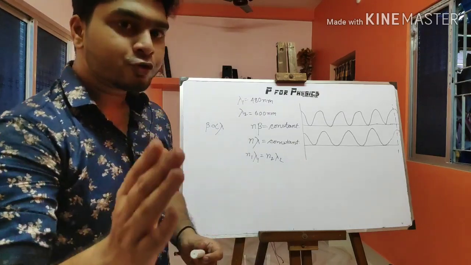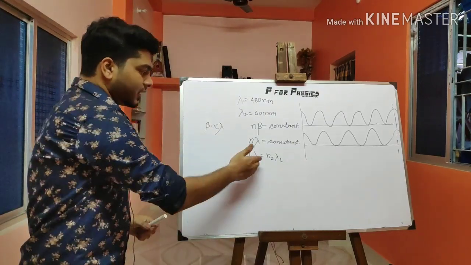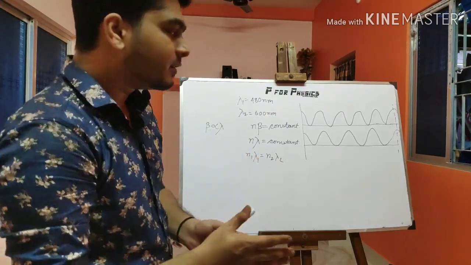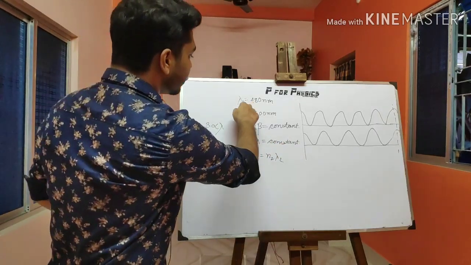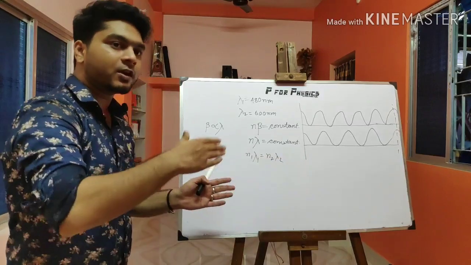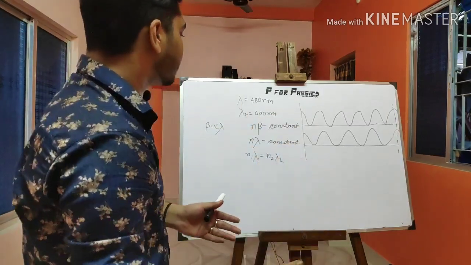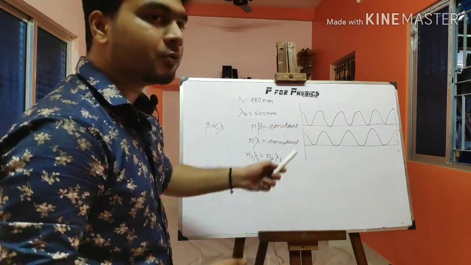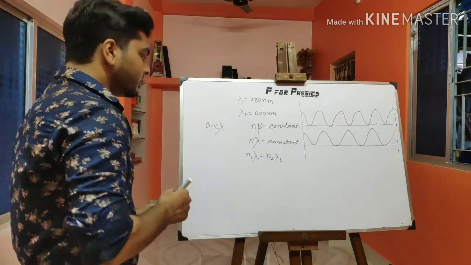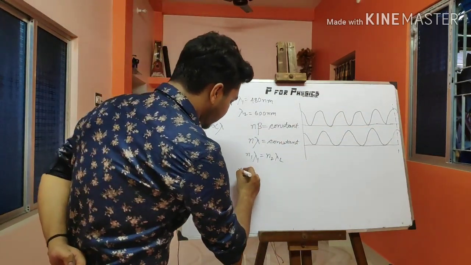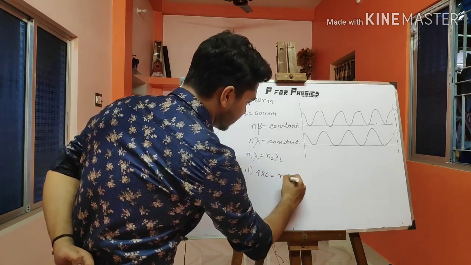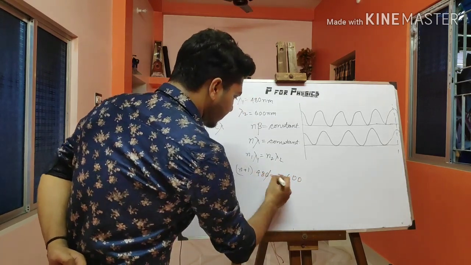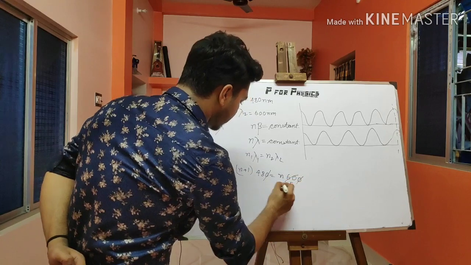Now you should remember that whichever lambda is less will have n greater. That means 480 nanometer will have n plus 1 fringes as opposed to 600 nanometer, which will have n fringes, as in the question. So it becomes (n plus 1) into 480 equals n into 600, and we solve and we are done.